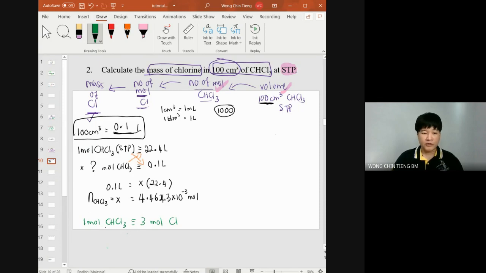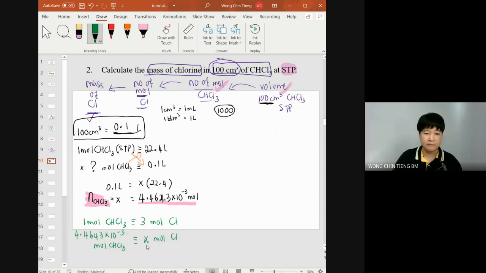So right now, as always, we don't have the 1 mole. Alright, what we have is actually the number of mole that you calculated just now. The number of mole of CHCl3. So we have 4.4643 times 10 to the power of -3 mole of CHCl3. And over here, we are looking for the mole of chlorine because the question asking only about chlorine.